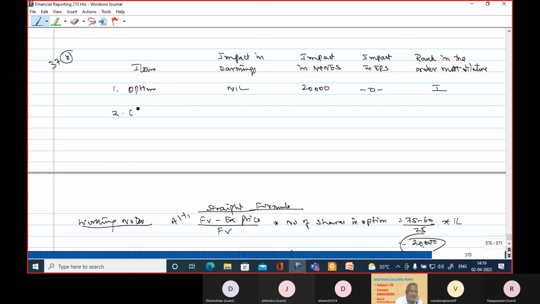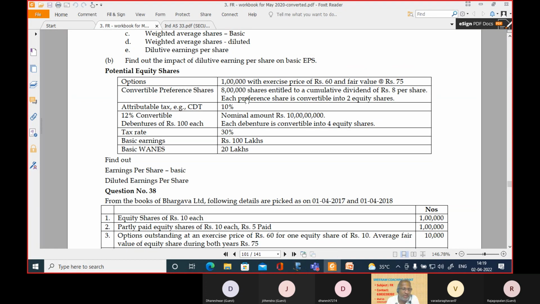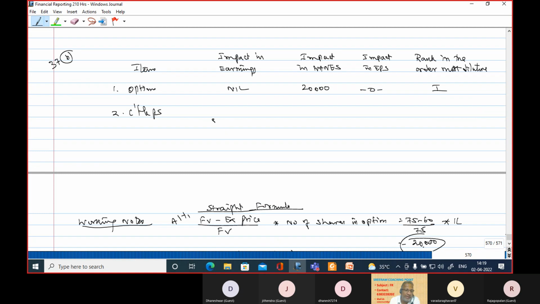Then number two, convertible preferences. What sort of impact it is likely to cause? So it is 8 lakh shares entitled to a cumulative dividend of 8 per share is what they have given. And you have corporate dividend distribution tax of 10%. So it is 8 lakhs into 8 into 110%. If this preference shares were not to be there, this much of reduction will not be there at all. So how much is that? 70 lakhs 40,000.